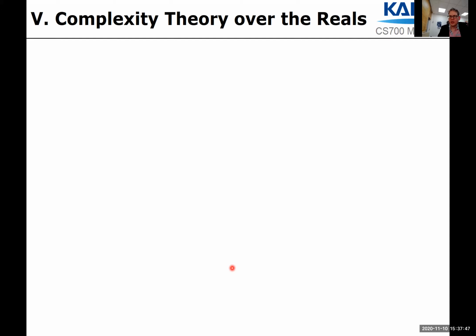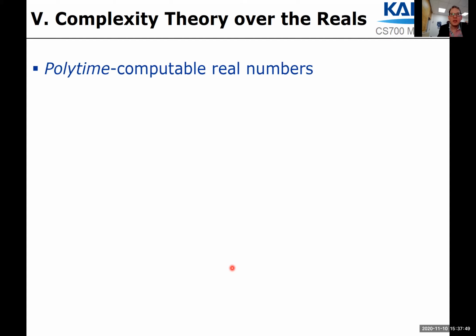Let me recall, we've talked about notions and properties of polynomial time computable real numbers. Among the 3 definitions for computability, only one actually turned out to be suitable for complexity investigation, namely the one of approximations by dyadic rationals.